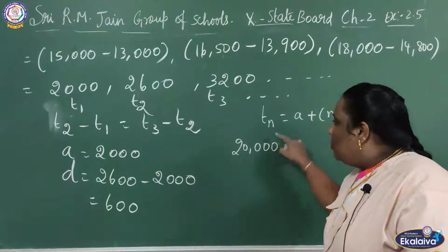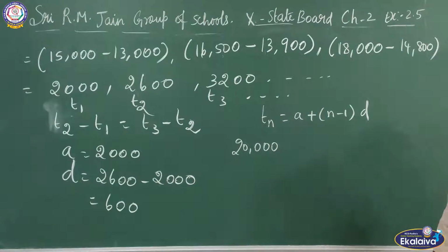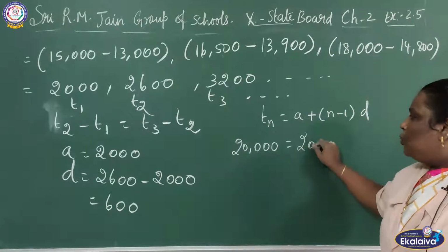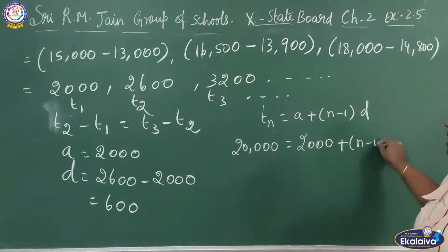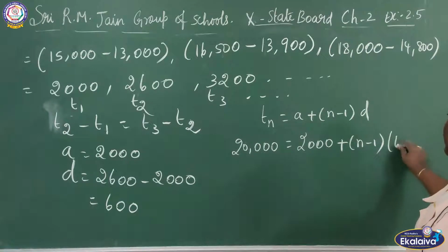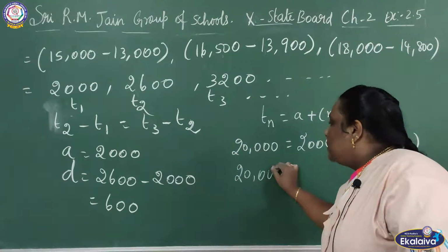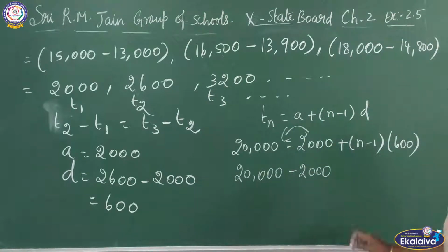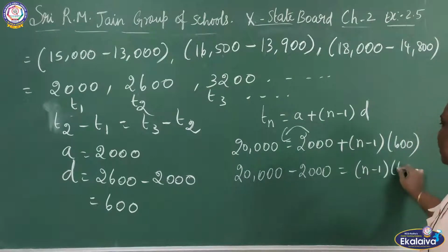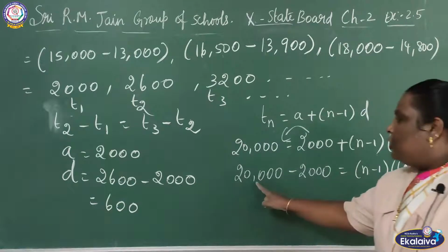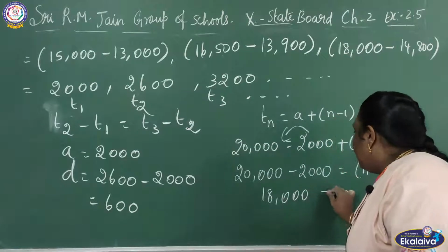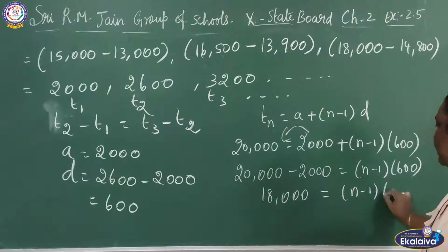You don't know about the year, but you know the last amount, the saving amount. 20,000 equal to A value, 2,000, plus n minus 1 into the difference, 600. 20,000 minus 2,000, you bring it to this side. So 18,000 equal to n minus 1 into 600.